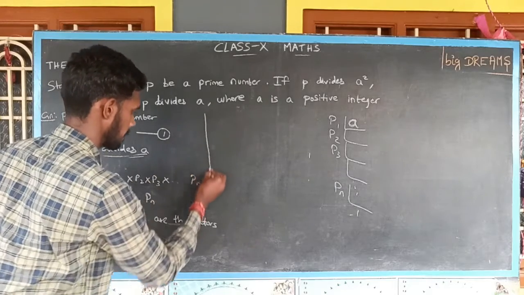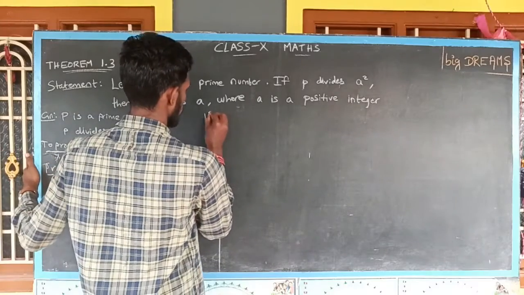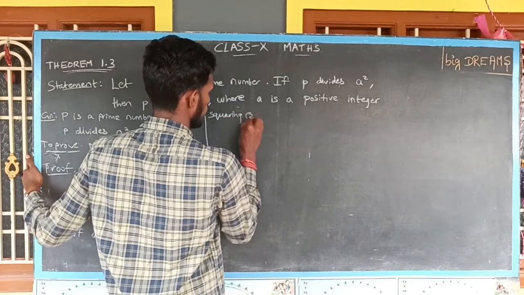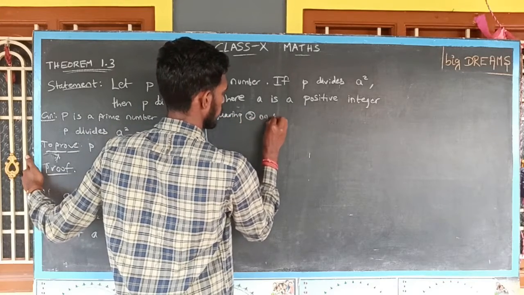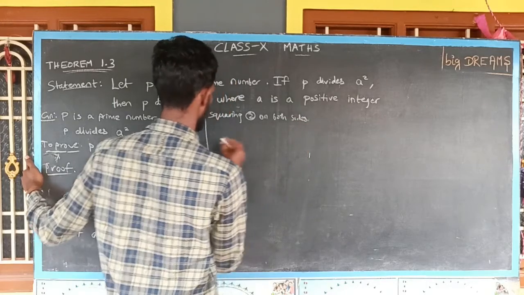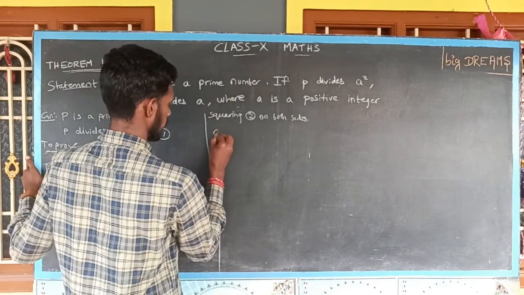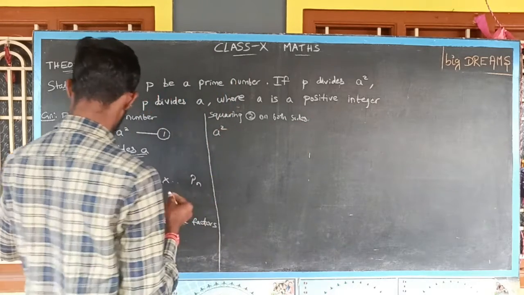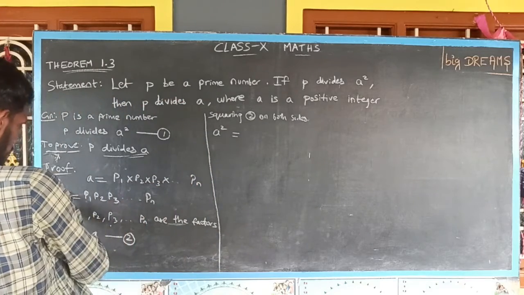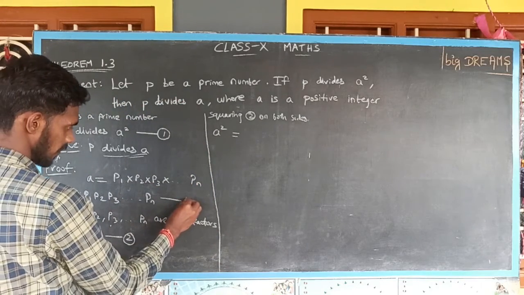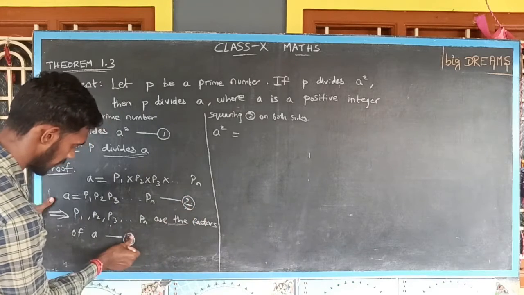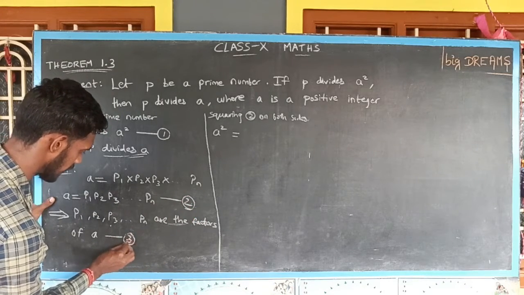Okay, I am squaring equation number 2 on both sides. Name it as equation number 3.